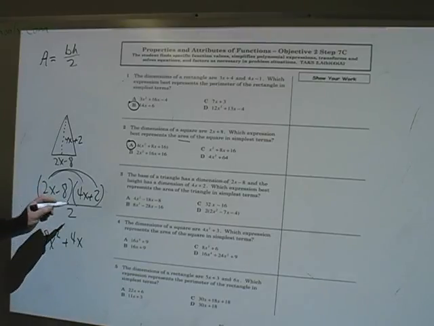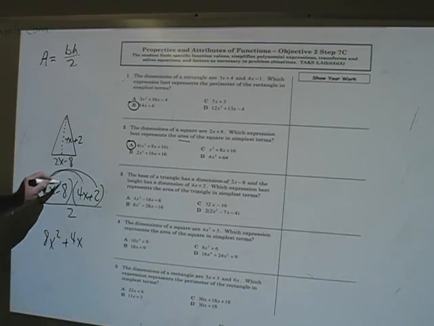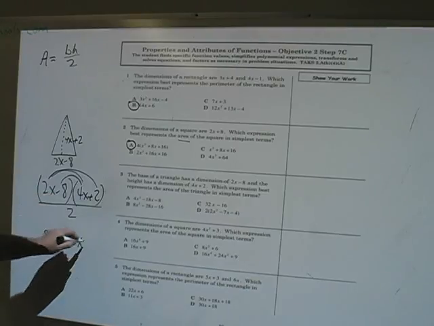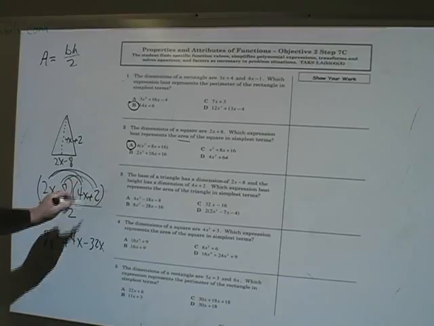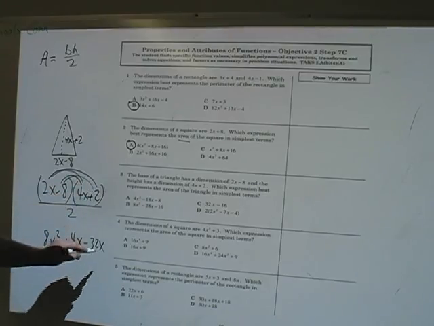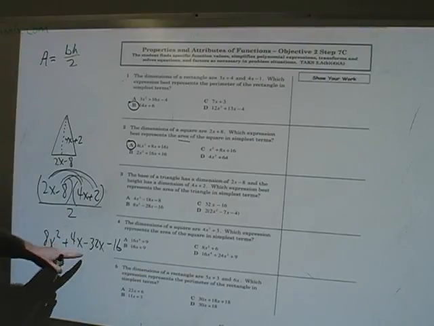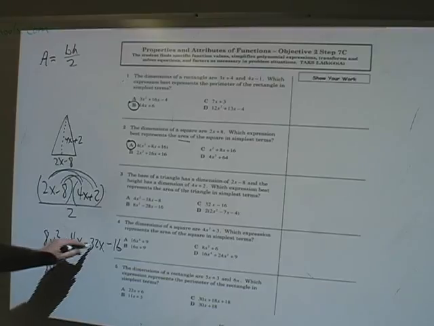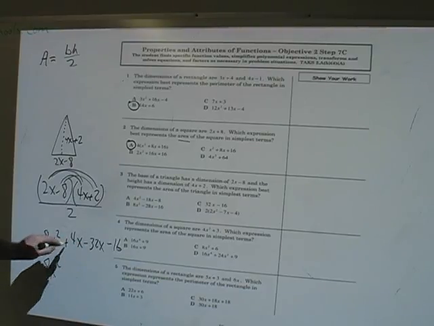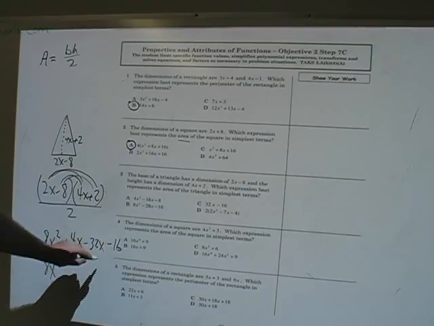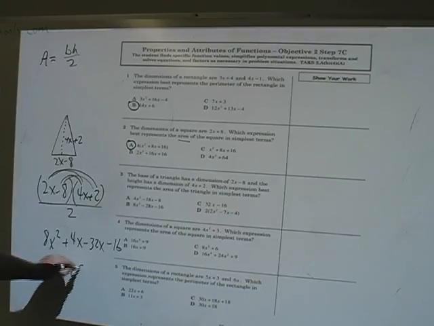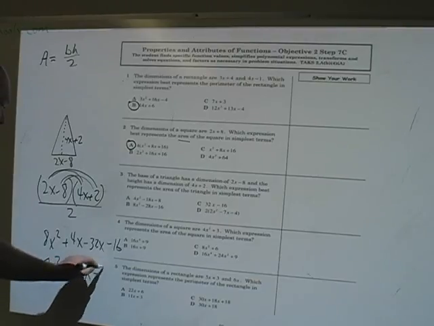Now we do the negative 8 times both of these. Negative 8 times 4x is negative 32x, and negative 8 times 2 is negative 16. Combine like terms. Use your calculator. 4x minus 32x is minus 28x.